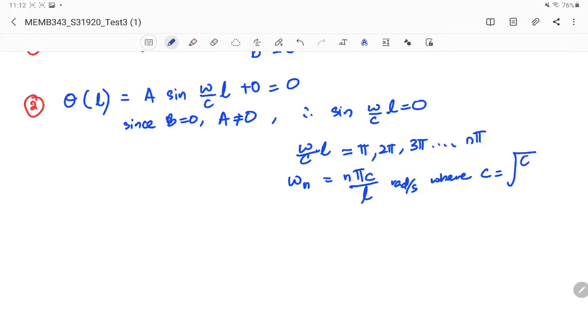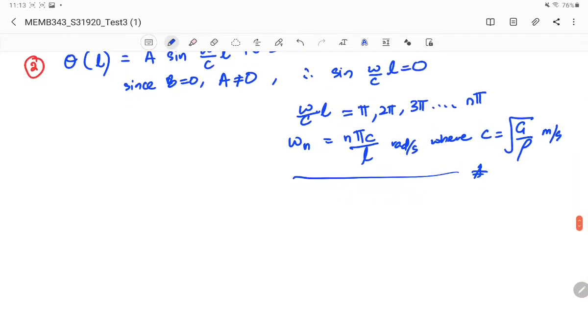This is a torsional system, so they ask you to write it in terms of G and rho, square root of G over rho, meter per second, because c is a velocity. So that is the answer for your natural frequency.